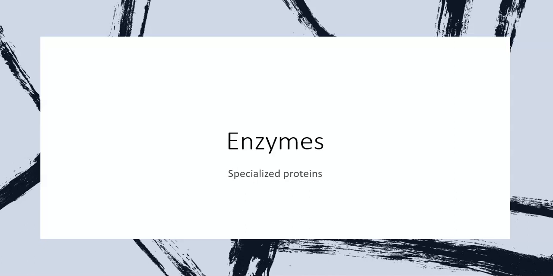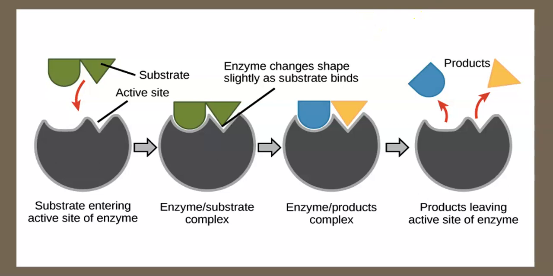Okay, we just talked about proteins. Enzymes are proteins, but not all proteins are enzymes, because enzymes are specialized proteins that will speed up reactions. Okay. This is how enzymes work. A substrate, something that needs to be reacted on, okay? This is a reactant. It will go into the active site of an enzyme. Remember that enzymes are pretty specific.